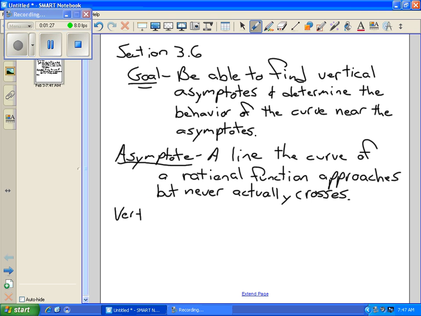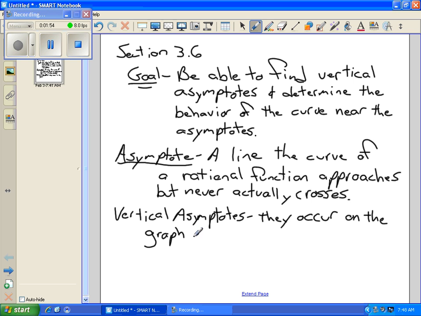So when we talk about vertical asymptotes, they occur on the graph at x values that cause your function to be undefined.